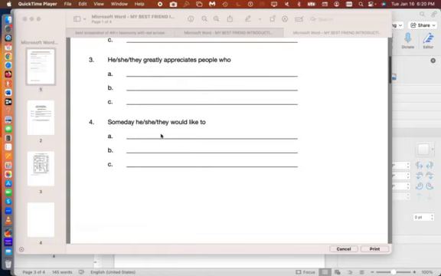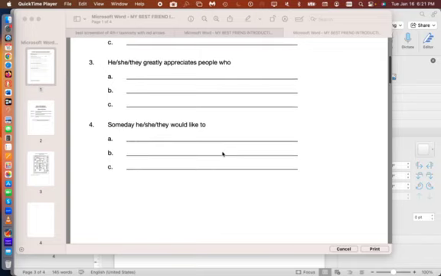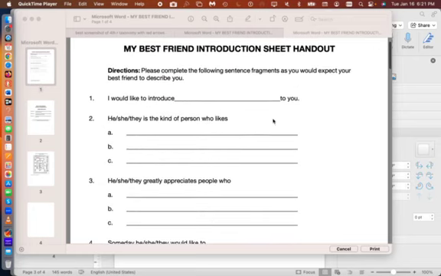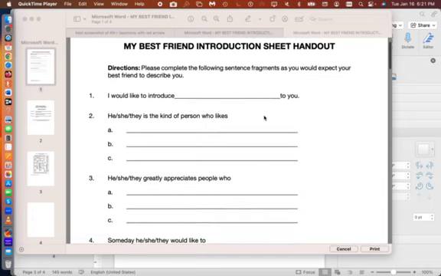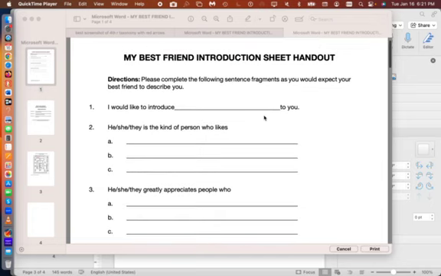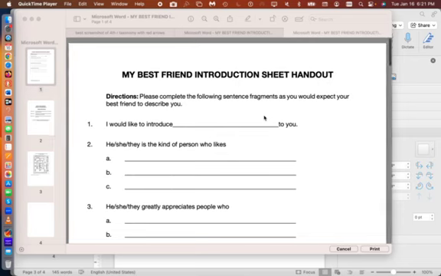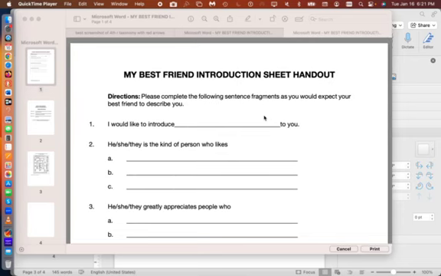And someday he would like to get involved in creating a world where there's peace and harmony, love and respect, and celebrate diversity.